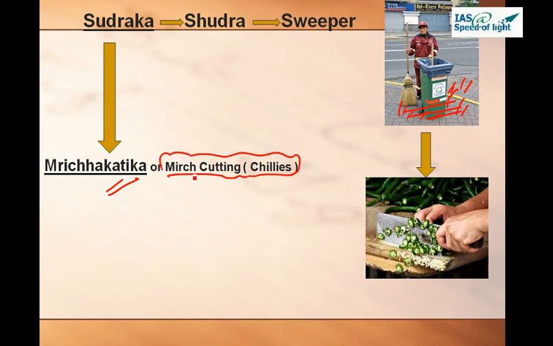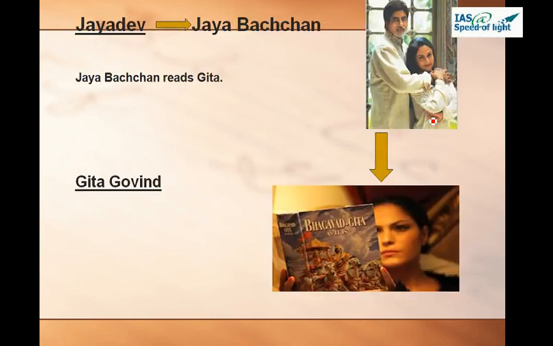Mirch is a Hindi word for chilies. See here how the person is cutting the chilies. In your home, you asked the sweeper to cut the mirch, the chilies. So mirch katika, sweeper cutting mirch. See that picture and feel that mirch katika, cutting of chilies.